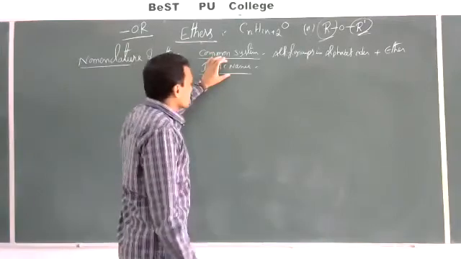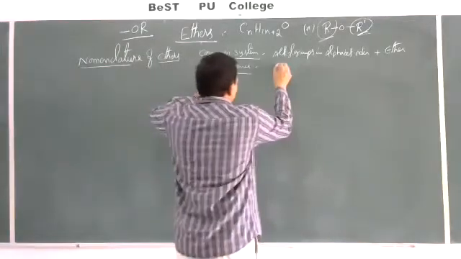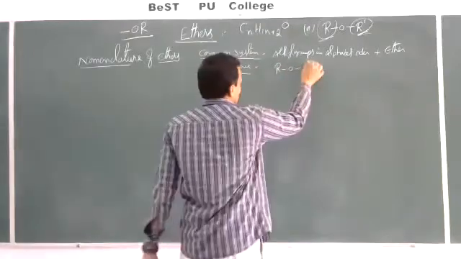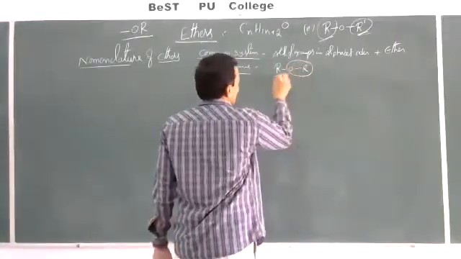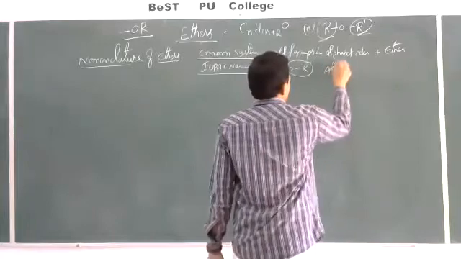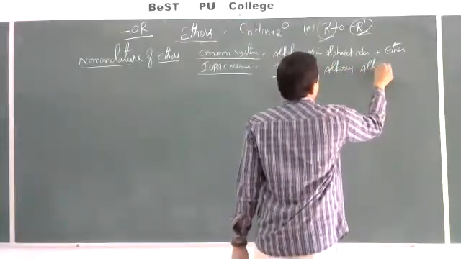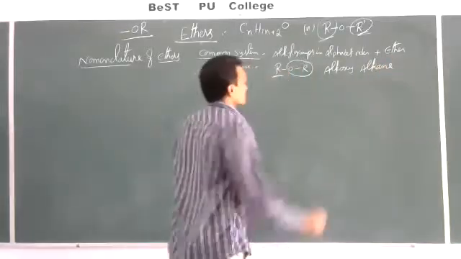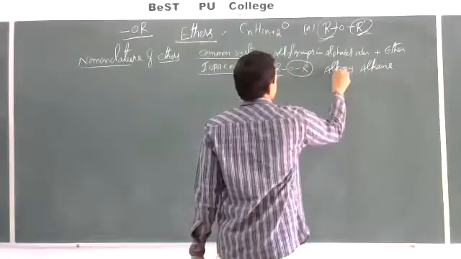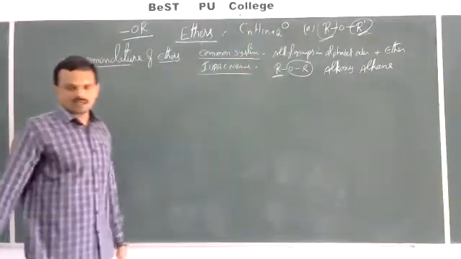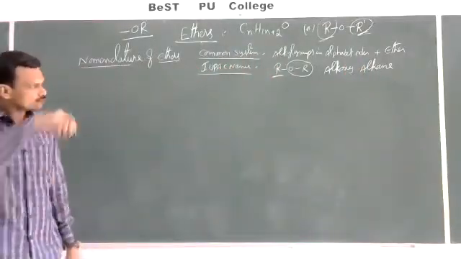Now, according to IUPAC system, suppose this is ether, ROR. Now this is named as alkoxy alkane. Alkoxy alkane is the IUPAC name.